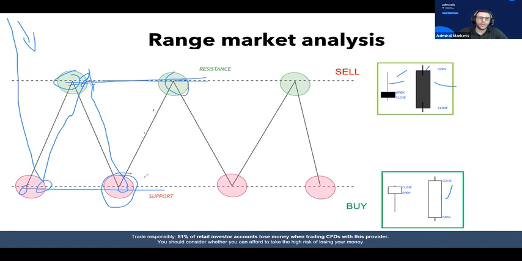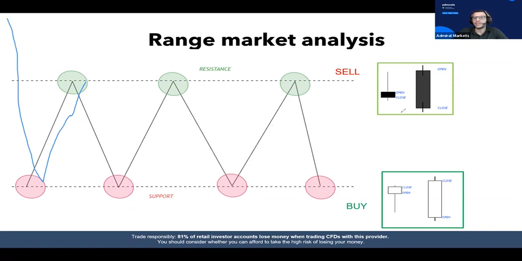So we observe that this market is not trending and it's in range boundary areas. So we can start selling from the top and we can start buying at the bottom, but we have to be extremely accurate with our candlestick entries.